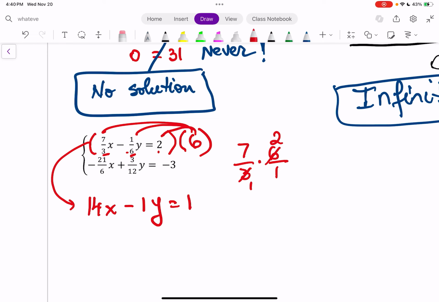And 2 times 6, no problem, that's a 12. So look at that, I've cleaned up all the fractions. All right, the bottom equation has a common denominator of 12, as you see. So I will multiply everything by 12.